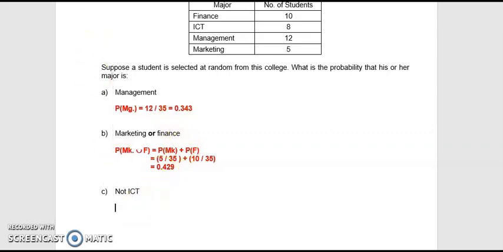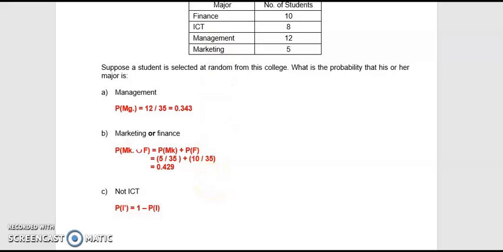Let's say here I write it as probability of not ICT, so I put I prime, equivalent to 1 minus probability of I. So I is referring to ICT, so not ICT is finance, management, marketing.